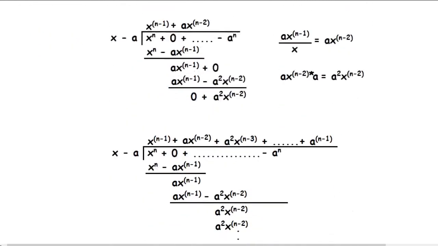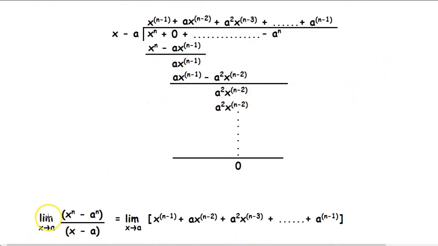So now let's look into our theorem. So here we have limit of x to the power n minus a to the power n divided by x minus a as x tends to a. So instead of this function, we write our quotient here. So that would be limit of x to the power n minus 1 plus a into x to the power n minus 2, similarly until we go for n number of terms as x tends to a.